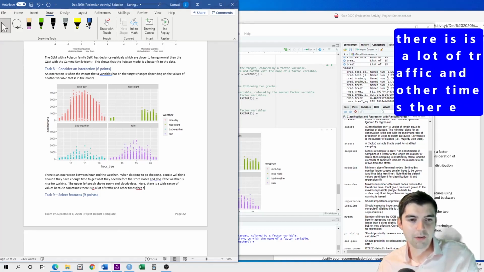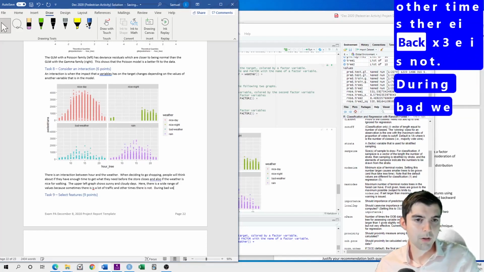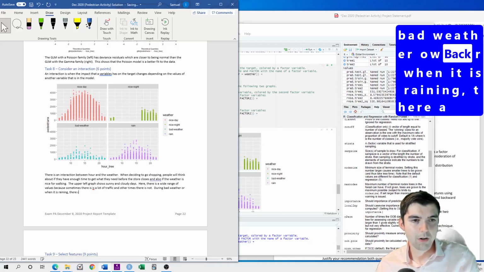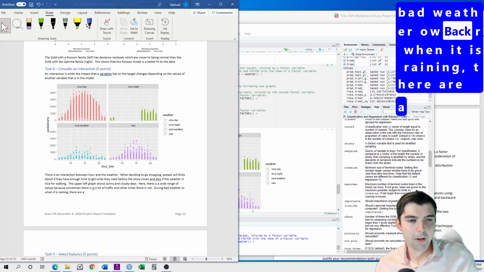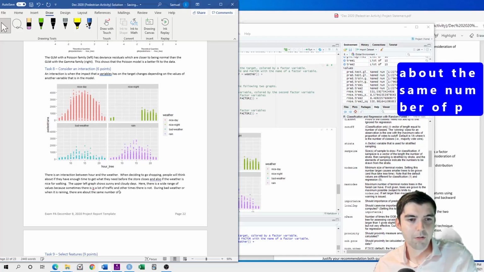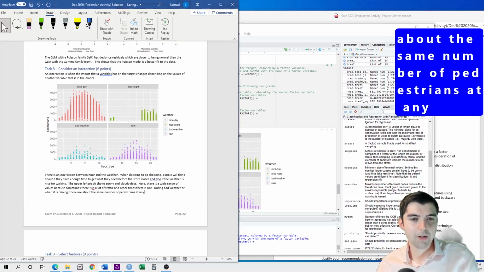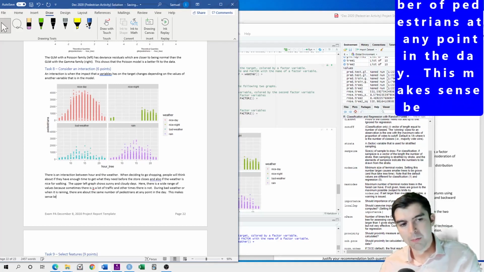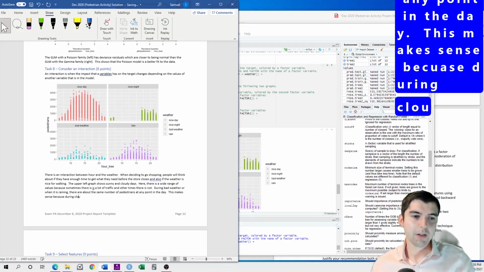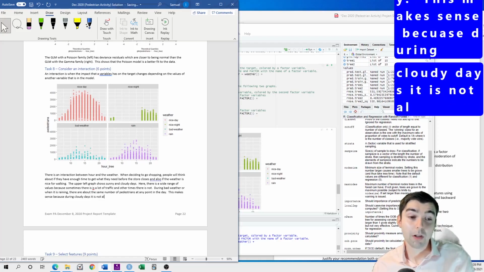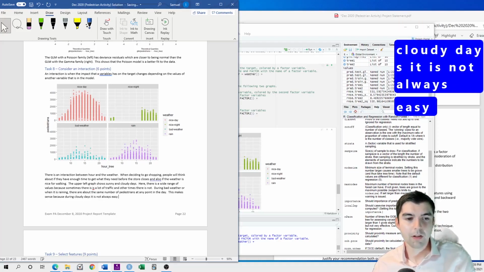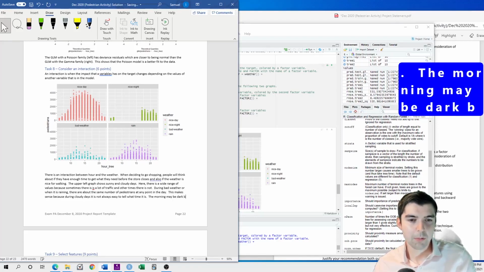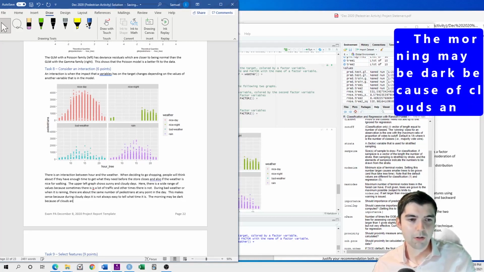Other times there is not. During bad weather or when it is raining, there are about the same number of pedestrians at any point in the day. This makes sense because during cloudy days, it is not always easy to tell what time it is. The morning may be dark because of clouds and thunderstorms.